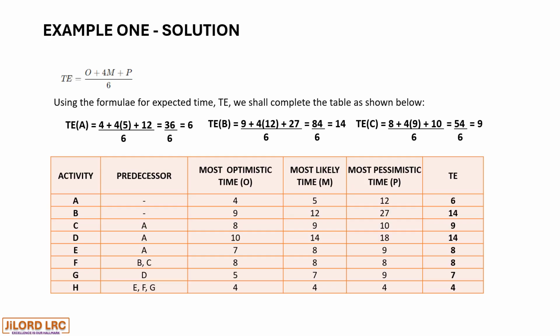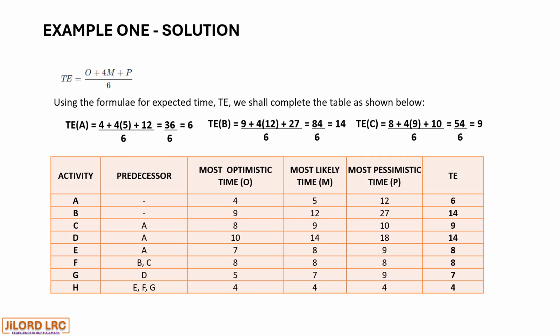The formula, as stated, optimistic time plus 4 times most likely time plus pessimistic time, all divided by 6, is what we would use. So we have to calculate the expected time for all the activities.